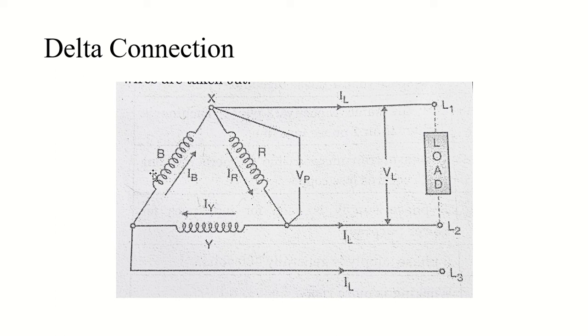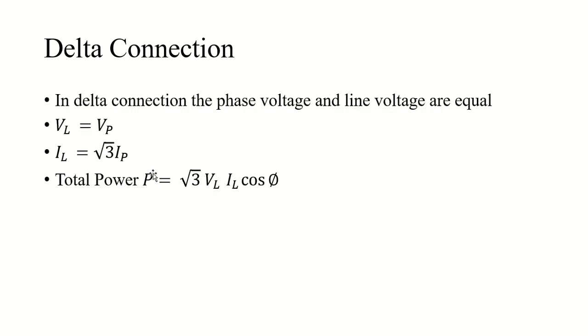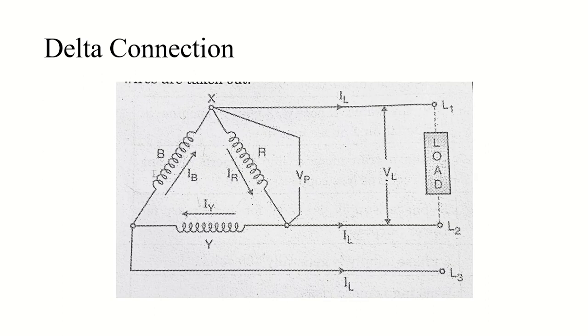The line current will be different from the phase current. Apologies. So line current will be root 3 times of phase current, and voltage here will remain same. Line voltage and phase voltage will be equal.